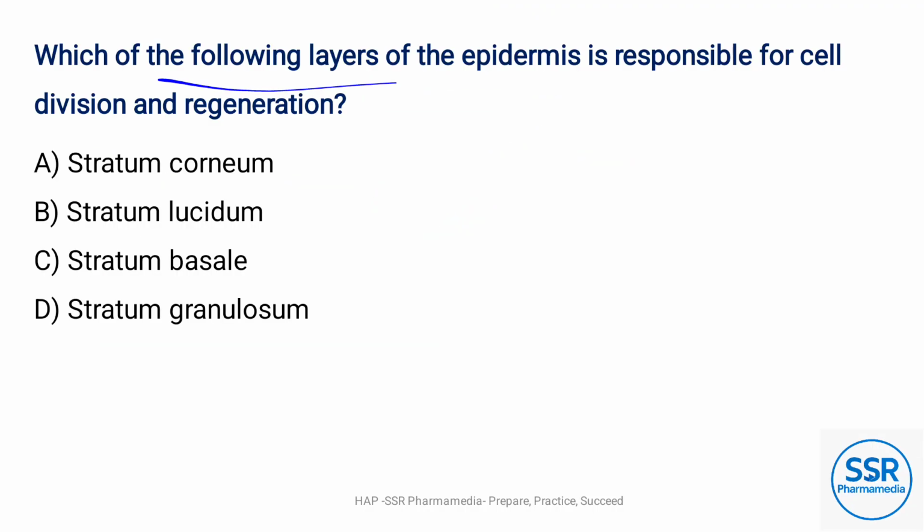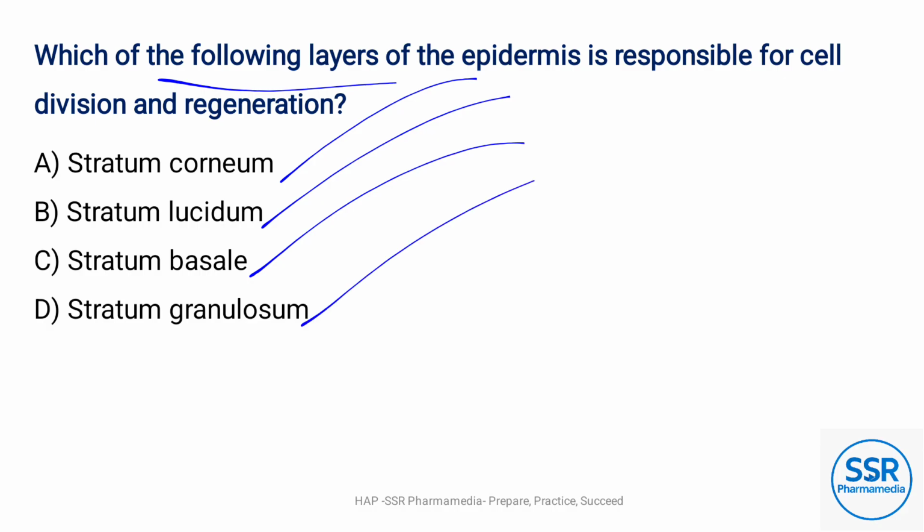Which of the following layers of the epidermis is responsible for cell division and regeneration? Option A, stratum corneum. Option B, stratum lucidum. Option C, stratum basale. Option D, stratum granulosum.